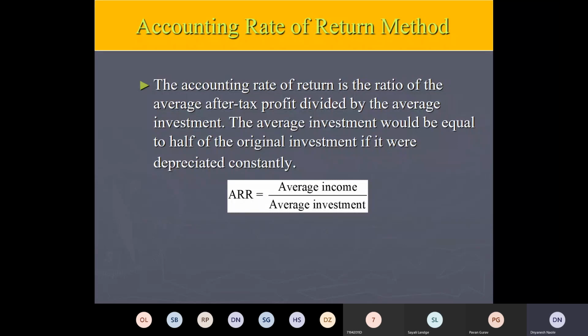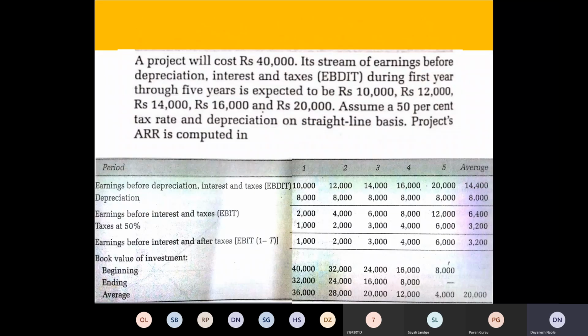A project which will cost rupees 40,000, its stream of earnings before depreciation, interest and taxes, that is EBDIT. All of you know this term now, earnings before depreciation, interest and taxes.